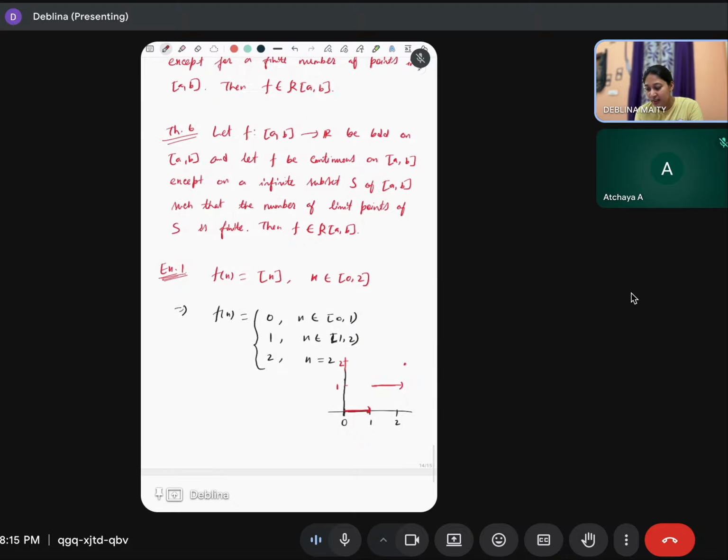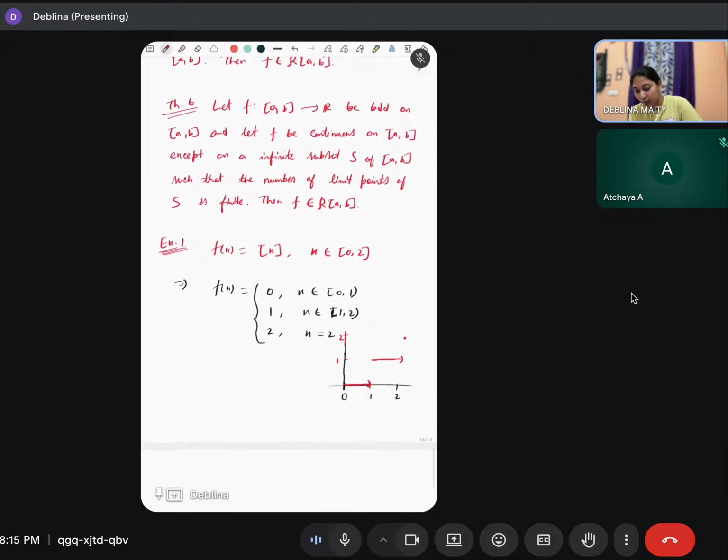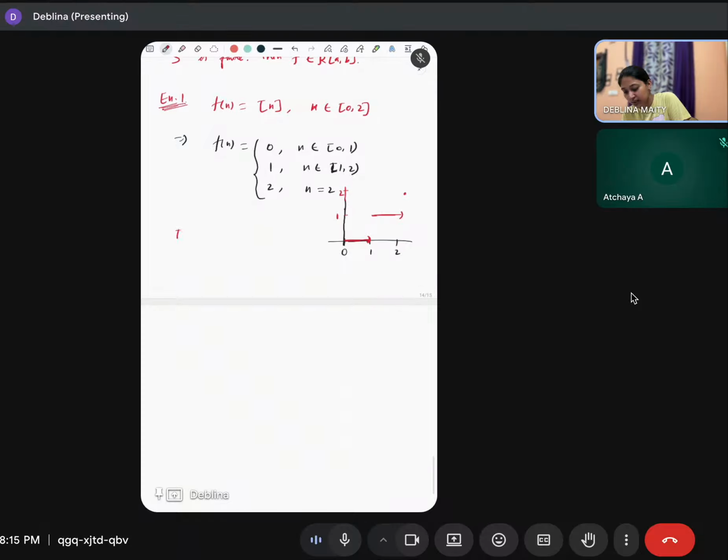So this number is finite. So by this theorem 5, f is Riemann integrable, right? Except for a finite number of points. So by theorem 5, f is Riemann integrable on [0, 2].